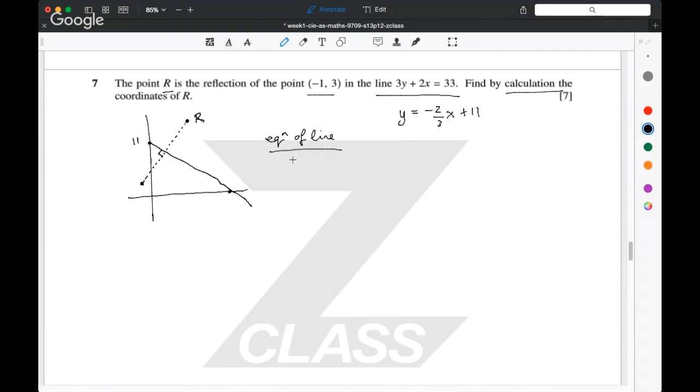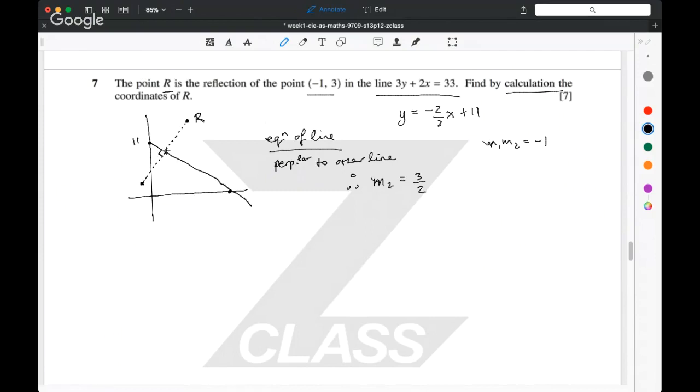Well, we know that it is perpendicular to the other line, whatever we're calling it, line 1. Therefore, when two lines are perpendicular, the gradient of one times the gradient of the other must be equal to -1. So you see that m of our line 2 must be equal to 3/2.